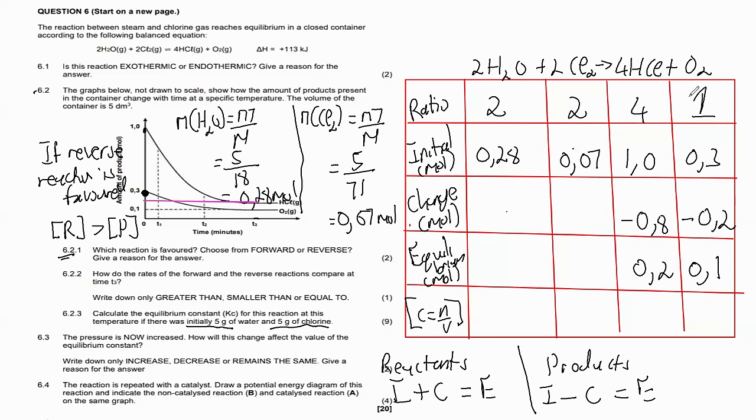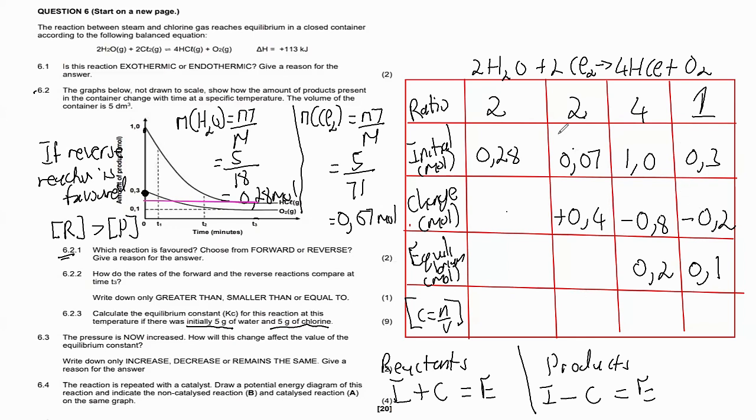If we use the ratio of oxygen gas to chlorine gas, we can see that the ratio is 1:2, meaning we can simply say 0.2 multiplied by 2 divided by 1. So the ratio suggests that if we have 0.2 here, then on this one we need twice the number of moles. So if this is 0.2, twice the number of moles is 0.4, right?